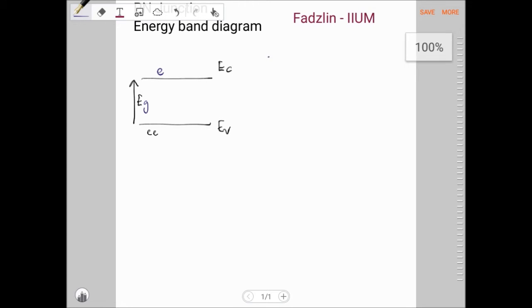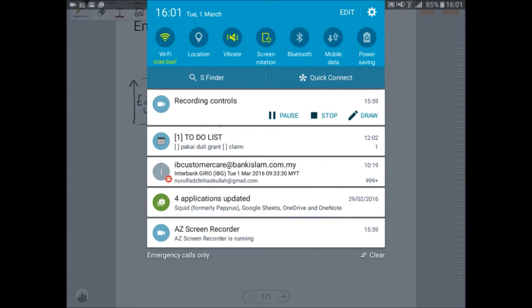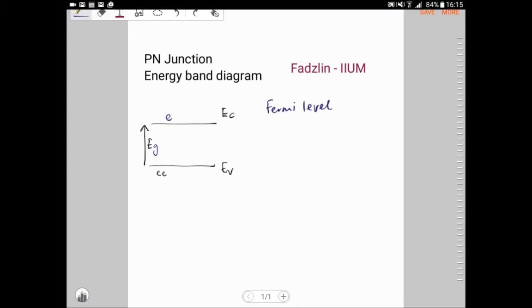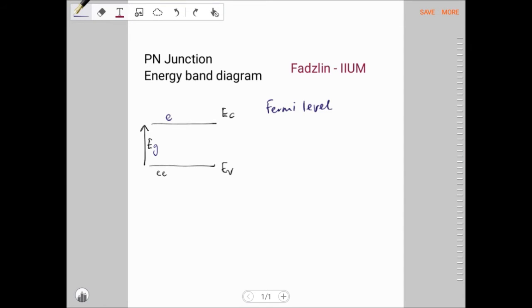Now I want to talk about the Fermi level. The Fermi level is the probability of finding free carriers.